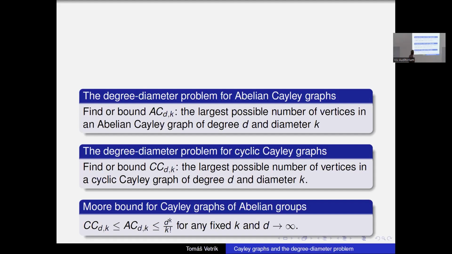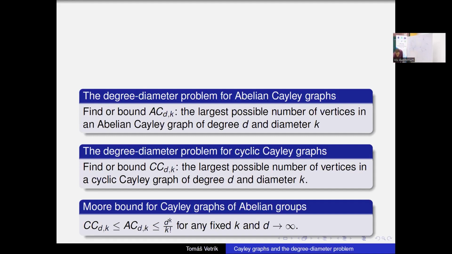Actually, there will be quite some limitations, because a group being commutative means that you are not going to be able to construct such large graphs as you would using general groups. Why? Because it's quite a disadvantage to have that commutativity. Let me just give you an example.